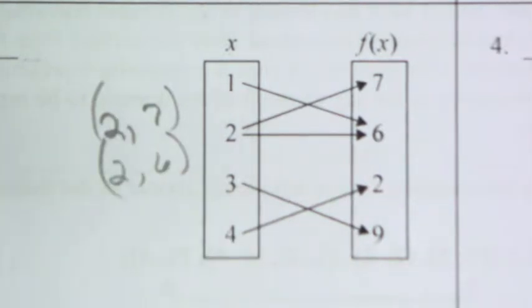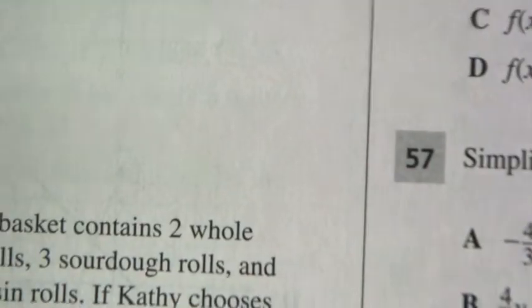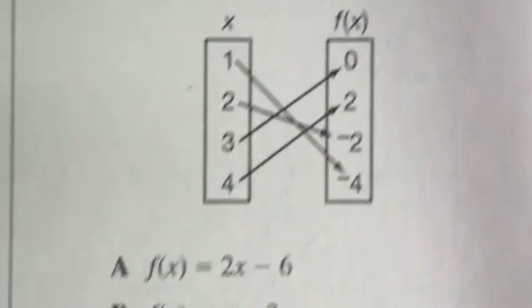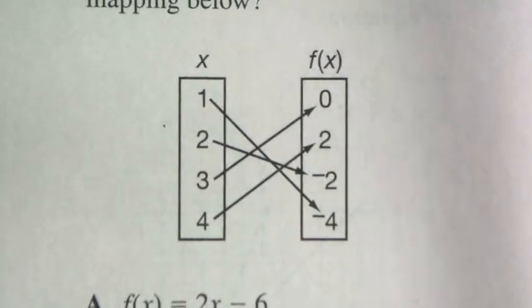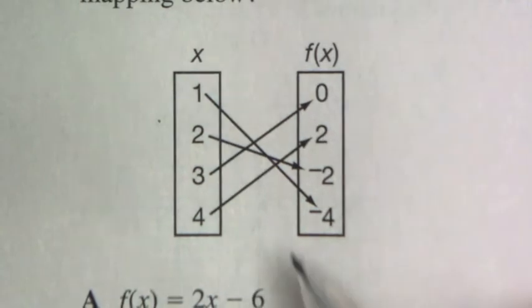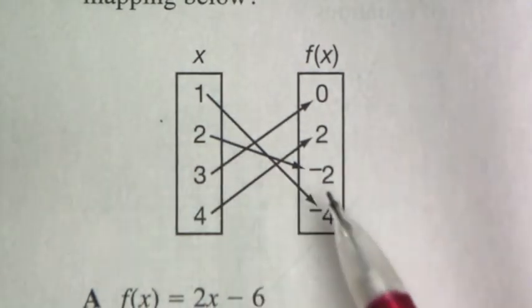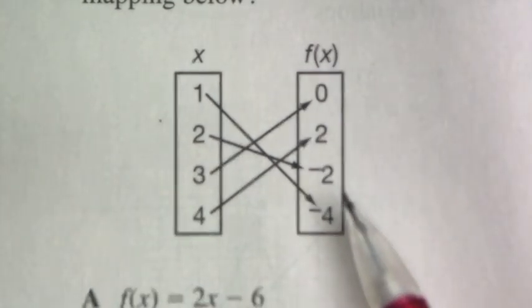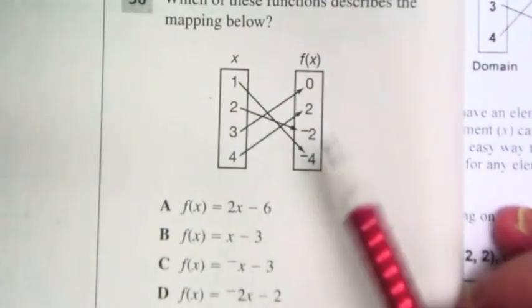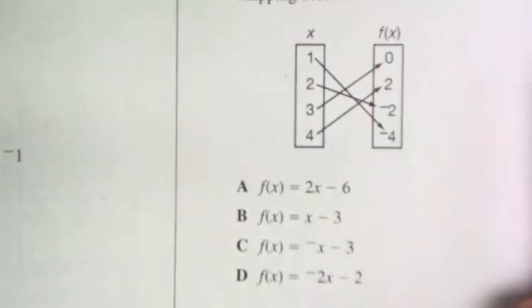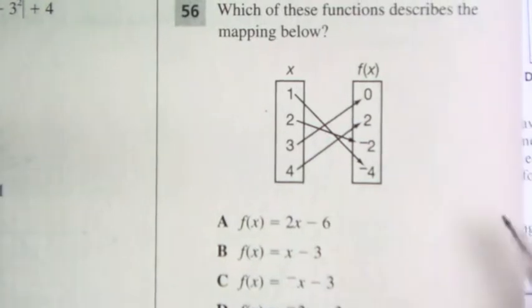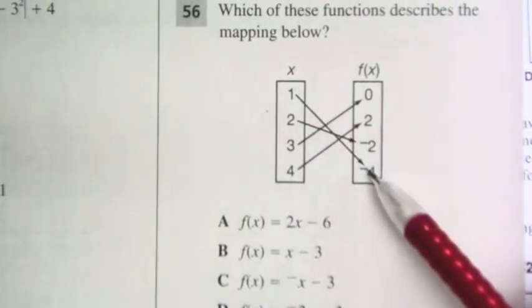Now, sometimes we are asked to use this mapping to determine the equation that it maps with. Let's look at this problem right here. This says that if I put in a 1, I get a negative 4.